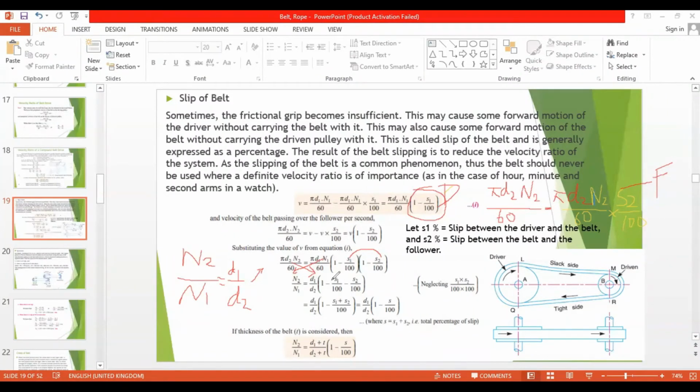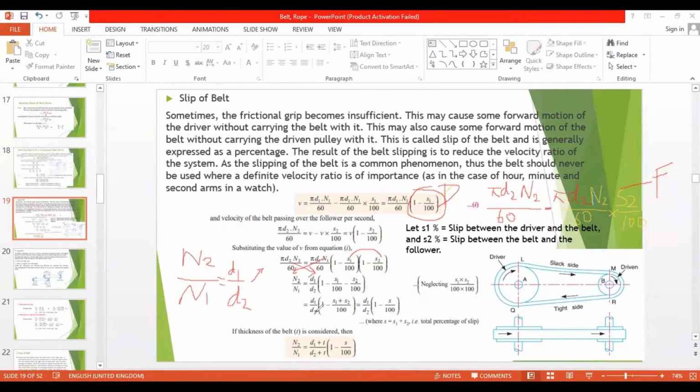For example, if 2% is the slip, 1 minus 2/100 minus 2/100 gives 96/100, while including the term gives 95.9996/100, which is not a big difference. So for ease, we are neglecting that very small term.